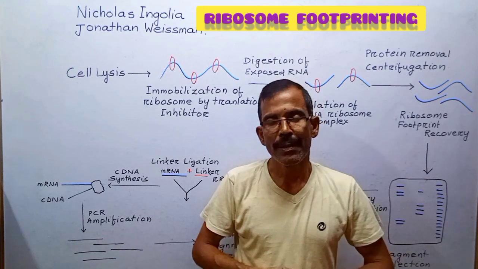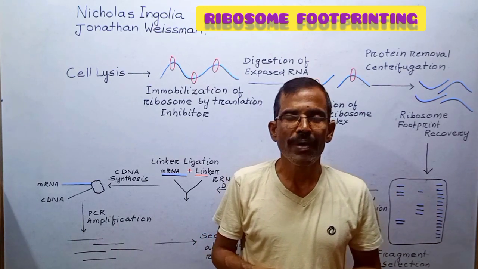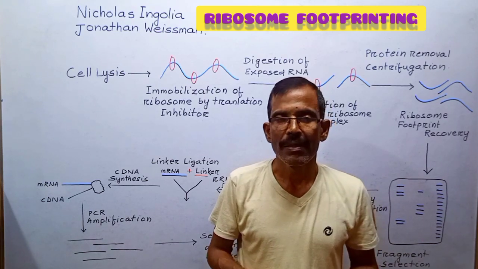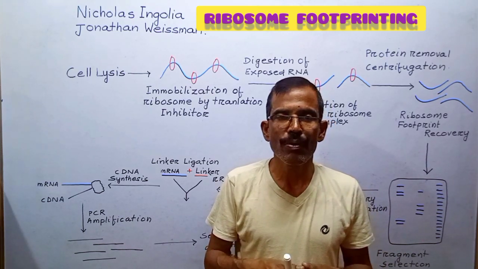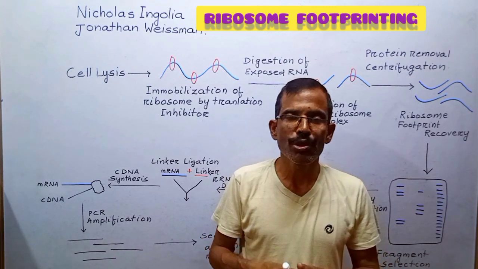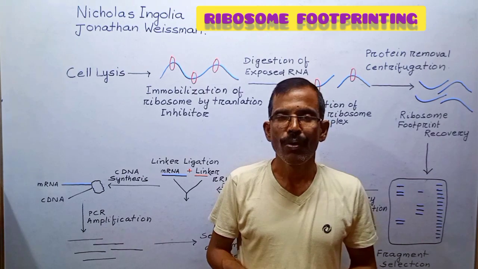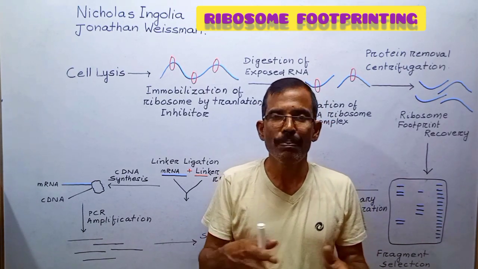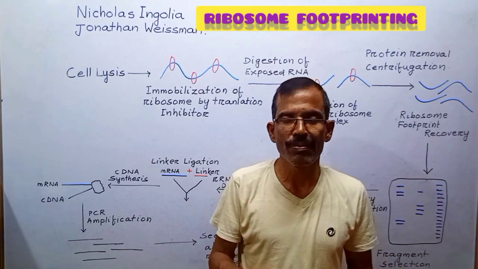The technique of ribosome footprinting is based on the fact that the mRNA present within the ribosome can be isolated by the use of ribonuclease, which digests only the mRNA regions which are present outside the ribosome.